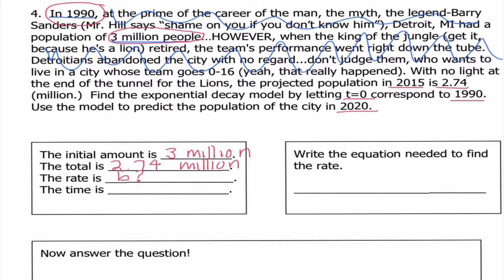This is where this whole concept of letting t equals 0 correspond to 1990 comes in. We know the time is whatever time it is that it's 2.74 million. So technically, I'm going to do 2015 minus 1990, and that gives us 25 years. So we have 2.74 equals 3 times e to the 25b power.